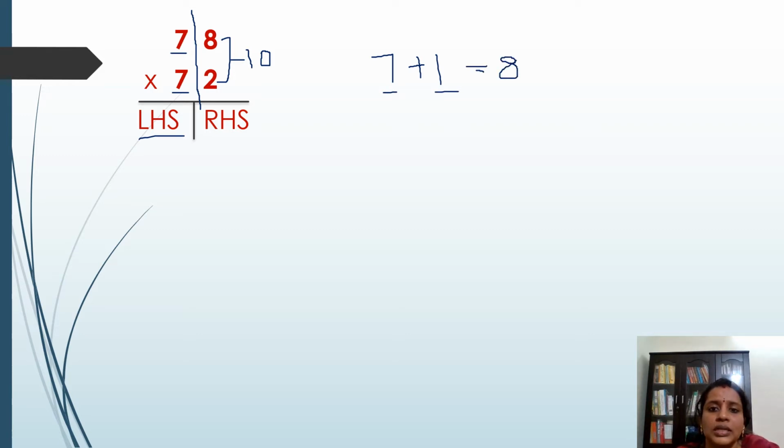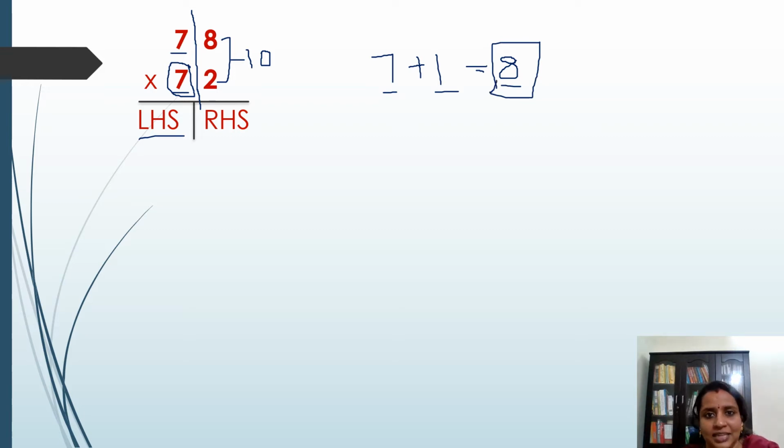One more, that is, I'm going to add 1 to the previous number. The previous number here is 7. So I'm going to add 1 to the 7 and the answer is 8. To get the LHS, what I have to do is multiply this common number, the 7, with the Ekadika of that common number.